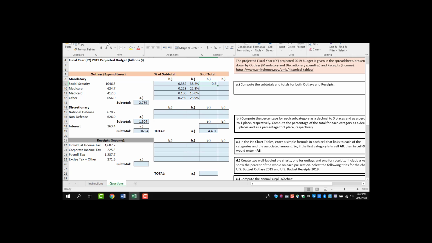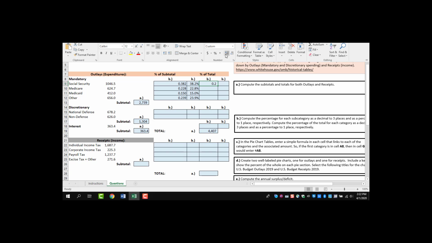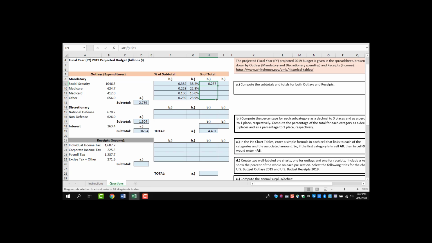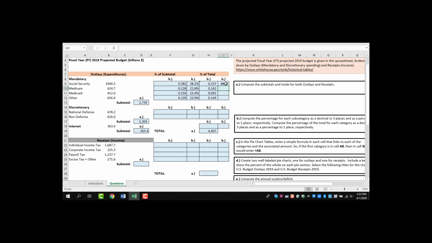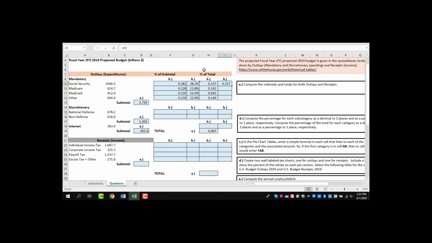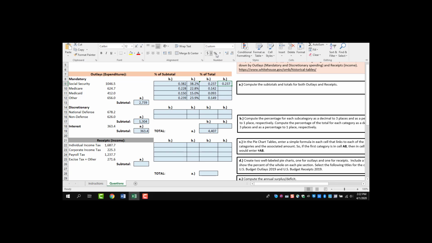And they want 3 decimals there. And that's that with a percentage. I don't know why it's doing that. One decimal place.